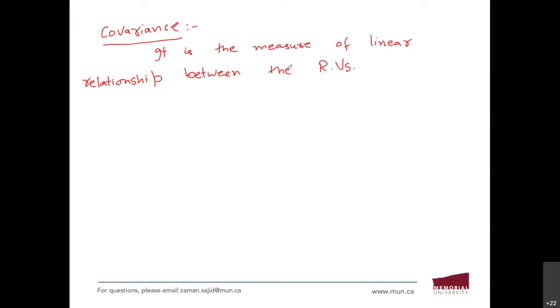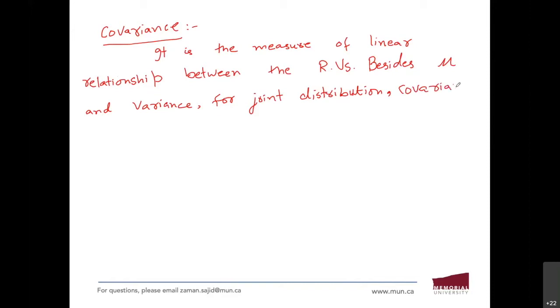Now besides, okay, let's write it down. Besides the mean and variance for joint distribution, covariance is also used.